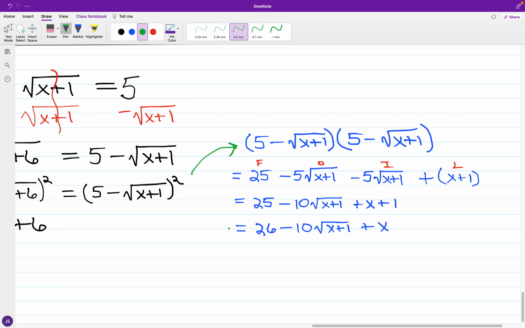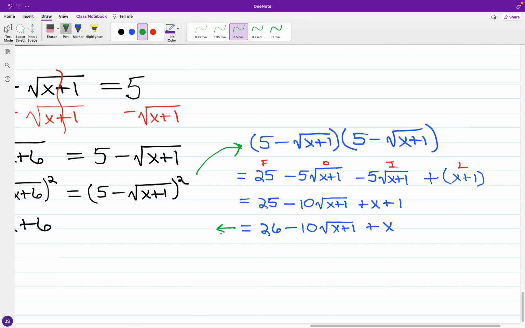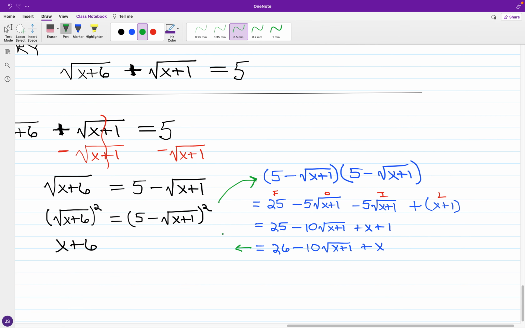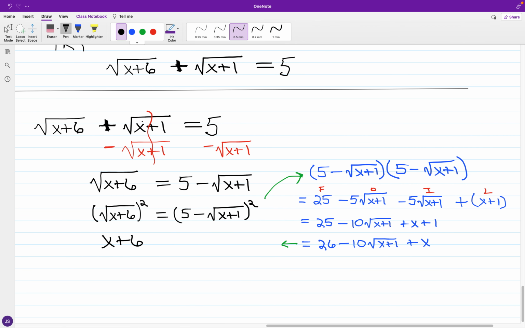Okay, so just relaying back, we have x plus 6 is equal to 26 minus 10 times the square root of x plus 1, followed by the addition of x.